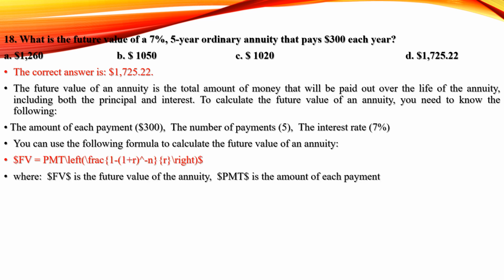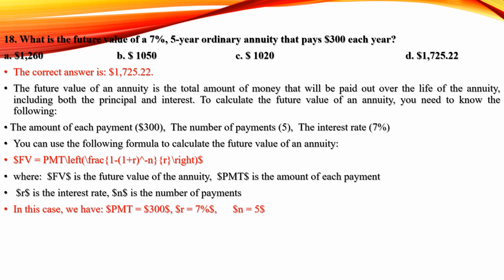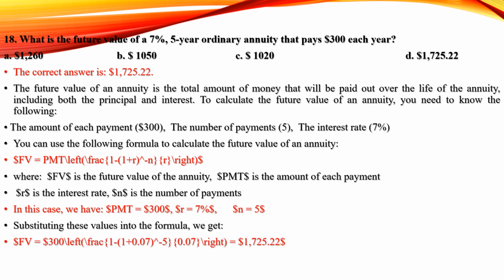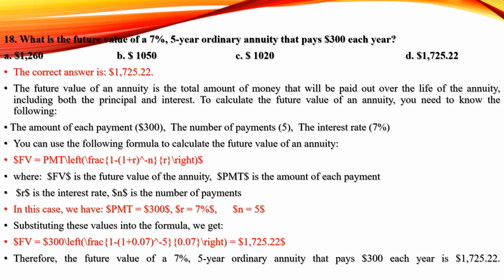The formula is future annuity equals PMT times 1 minus (1 plus R) to the power of minus n, divided by R. Based on this formula, you can insert the given values to get the number.